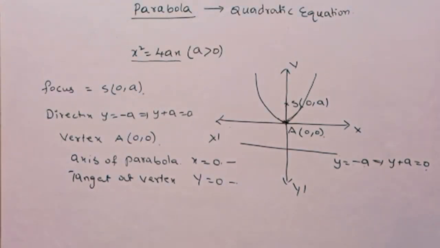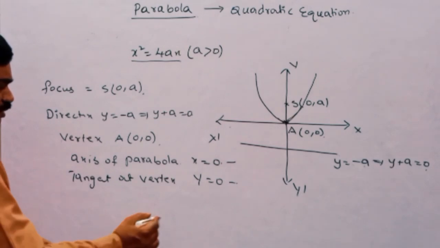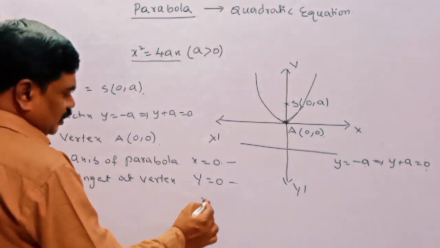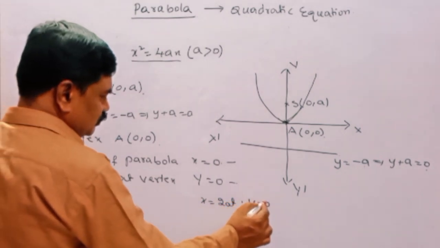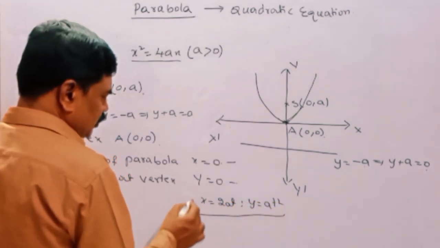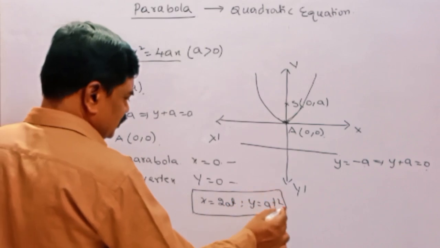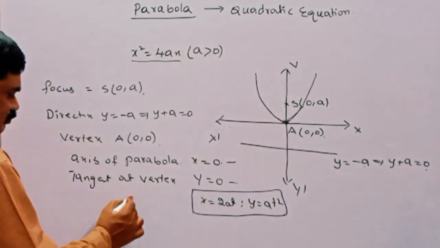Okay, all of you. And one more parametric form, that is x is equal to 2at and y is equal to at square are the parametric equations of the parabola.